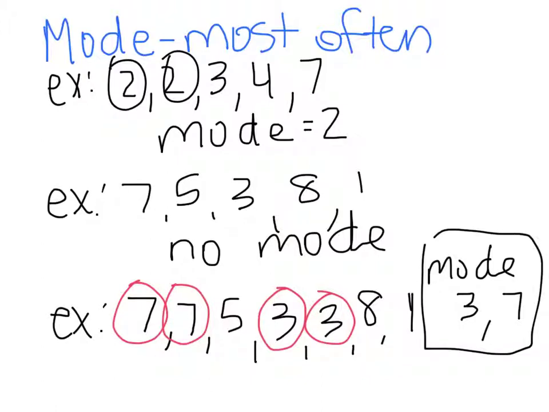They both occur the same amount of times, so you have to put them both. If one of those numbers occurred 3 times, let's say for example we had another 7, the 7 would be the only mode.